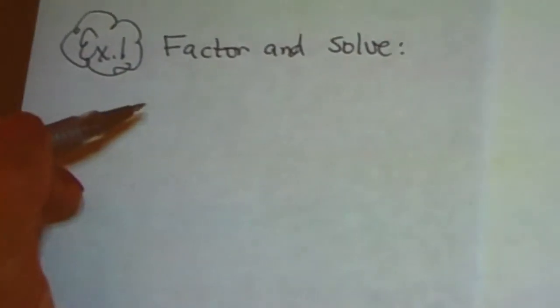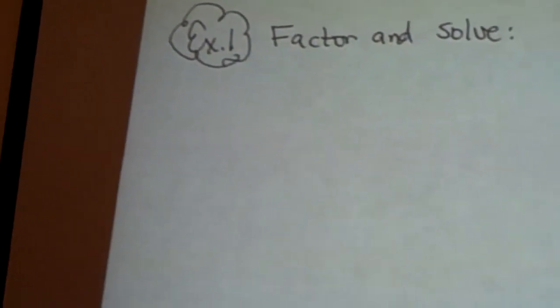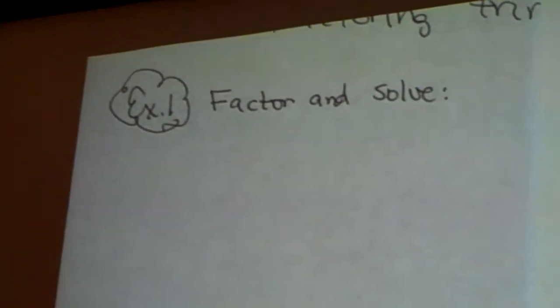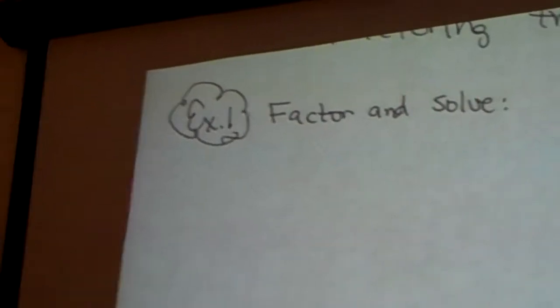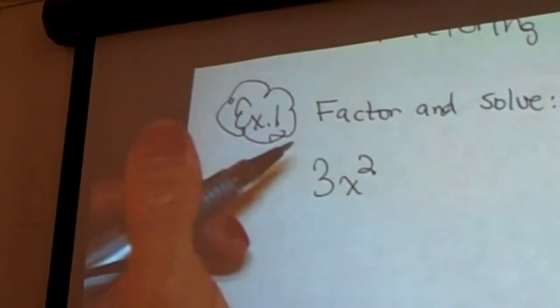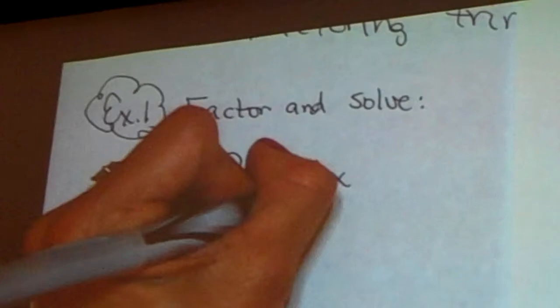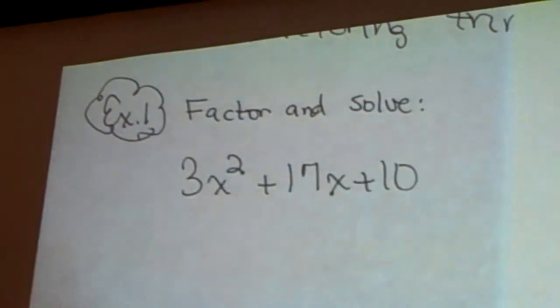The first example is 3x squared plus 17x plus 10.